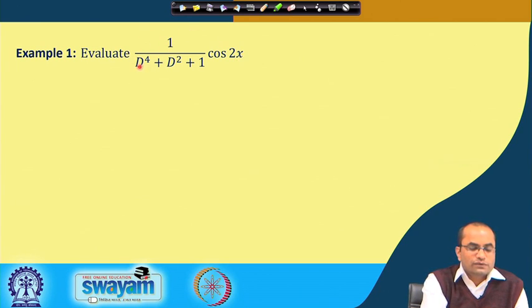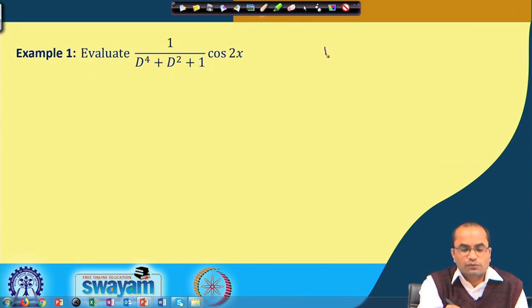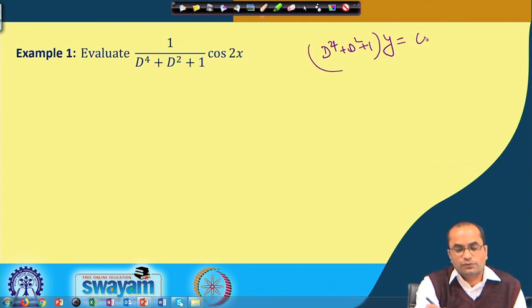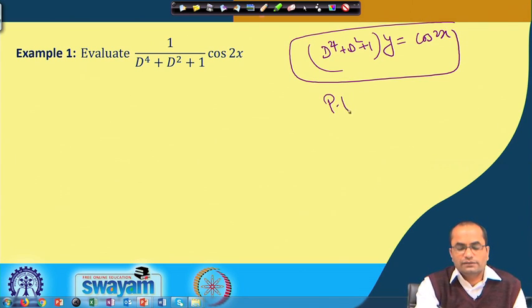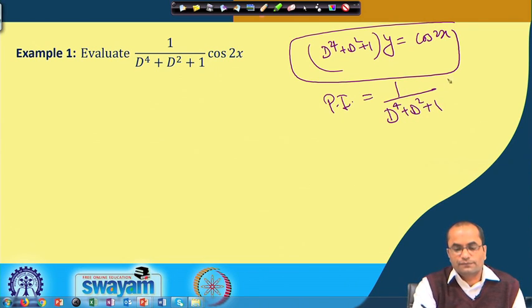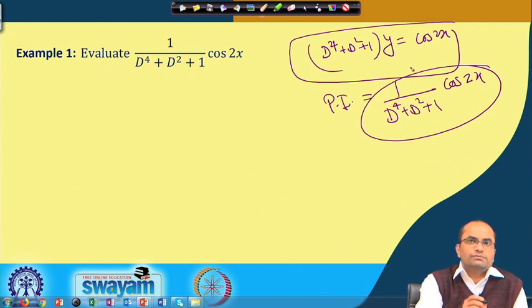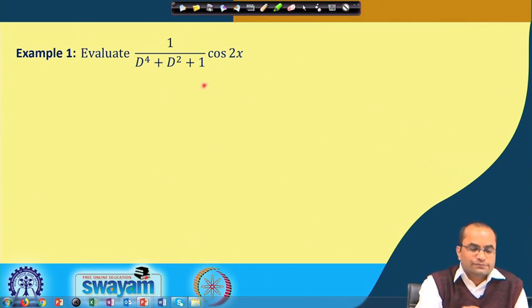Our differential equation will be (D⁴+D²+1) y equal to cos 2x, and we want to get just the particular integral. We want to just evaluate this particular integral, nothing else.